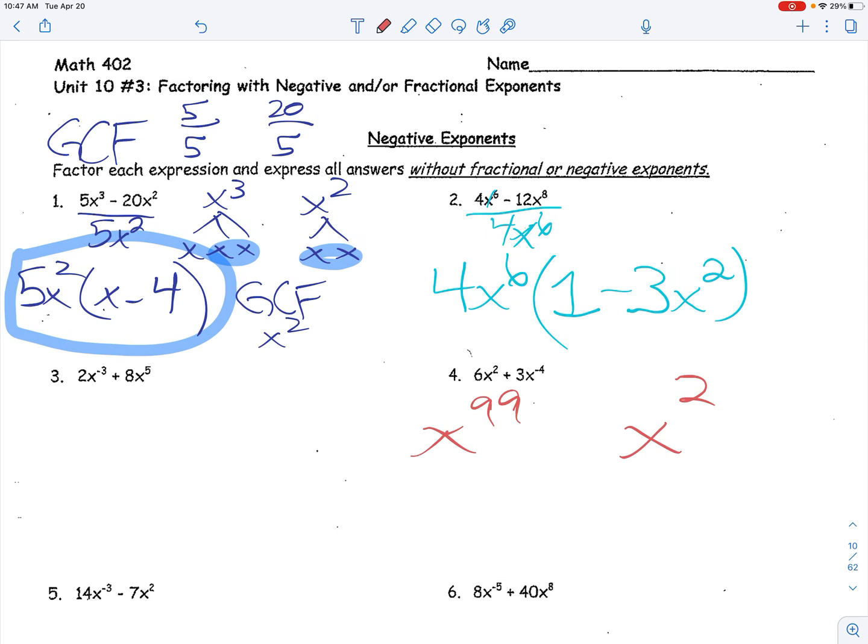What's the greatest amount of x's you can take out from both terms? It's not 99. I'm not writing 99 x's. It would be x2. x2 is the greatest amount of x's you can take from both terms.